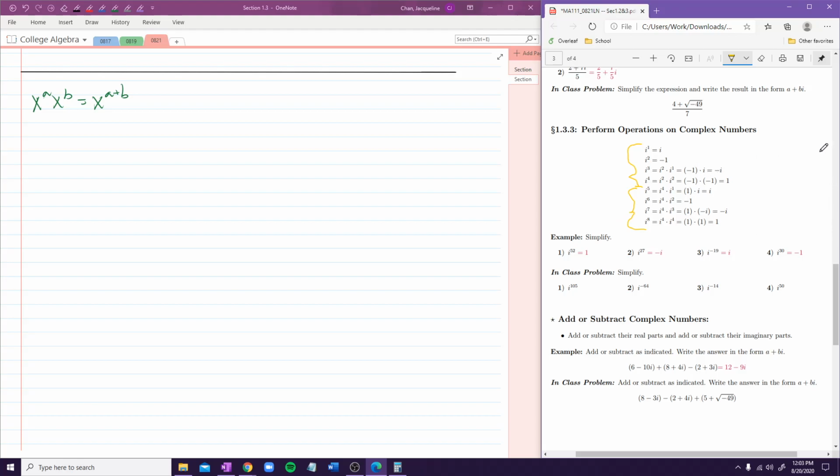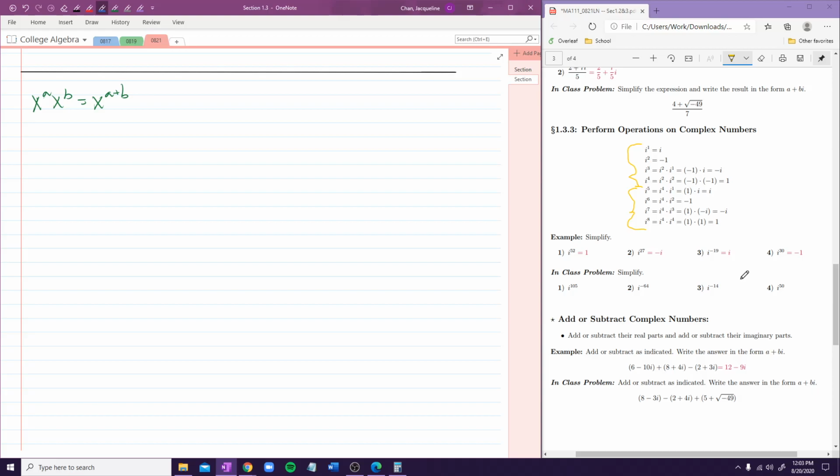But as you can see, there's a pattern of i, negative 1, negative i, 1. So what does that mean? If you take the power of i, you can see if it is divisible by 4.